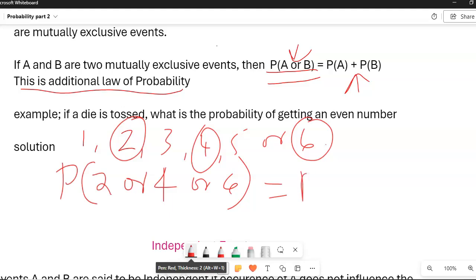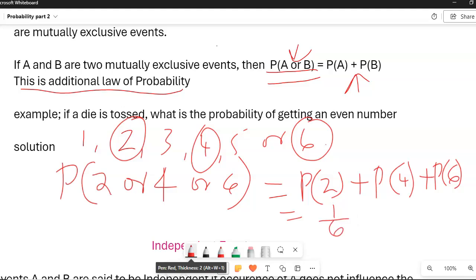So we are going to have probability of 2, add probability of 4, and then add the probability of 6. Of course, we know that the probability of 2 is 1 out of 6 outcomes, the probability of 4 is 1 out of 6, and the probability of 6 is 1 out of 6.